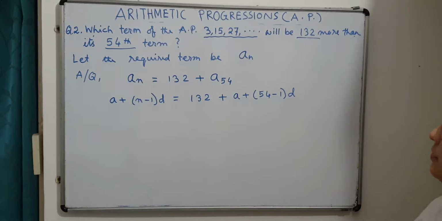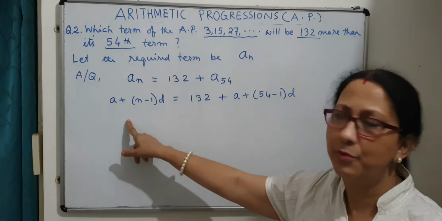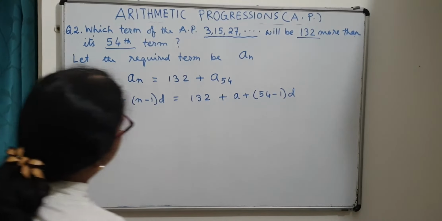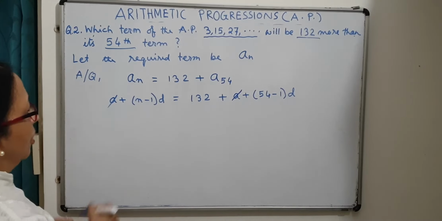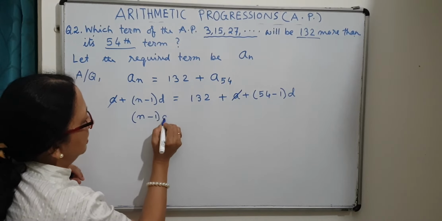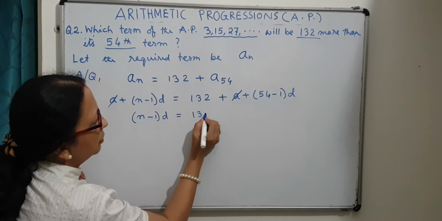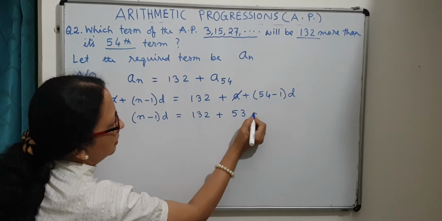What happens if I write it this way? This a gets cancelled. So we can write n minus 1 into d is equal to 132 plus 53 into d.